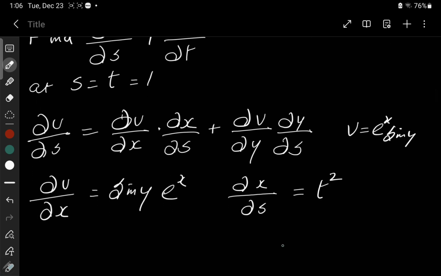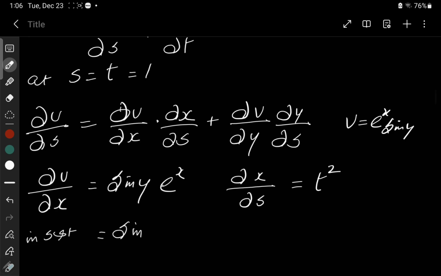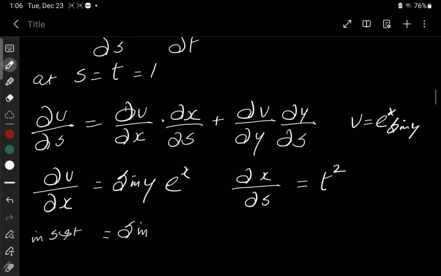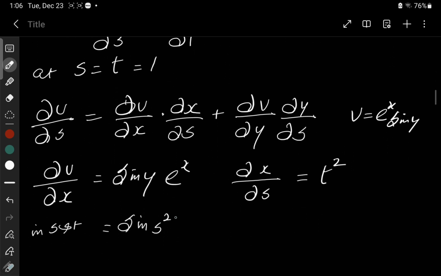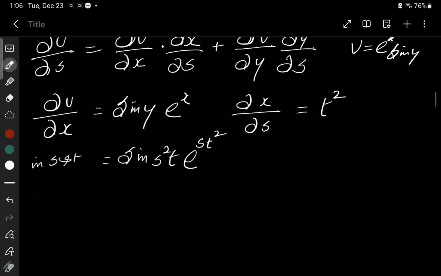If you differentiate s, you will get 1. Replace in terms of s and t: sin y is sin(s²t), so we get sin(s²t) e^(st²). That's all, in terms of s and t we got it.